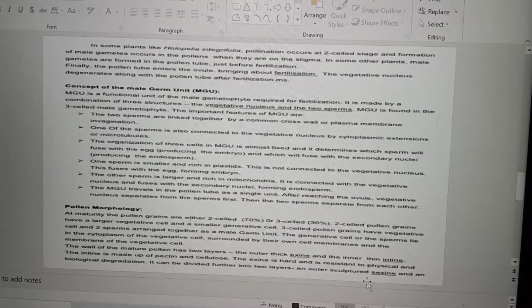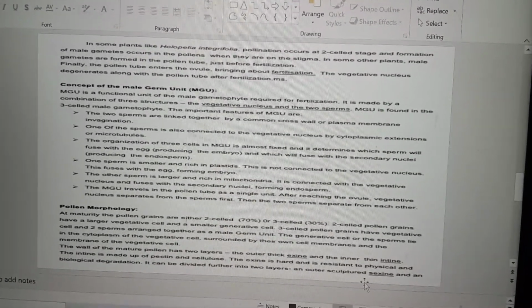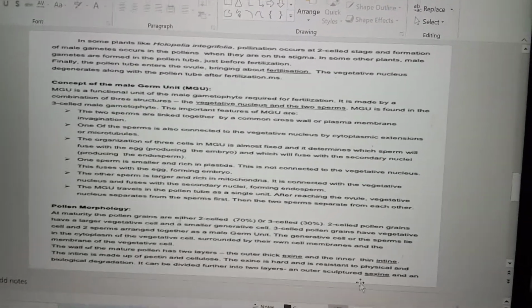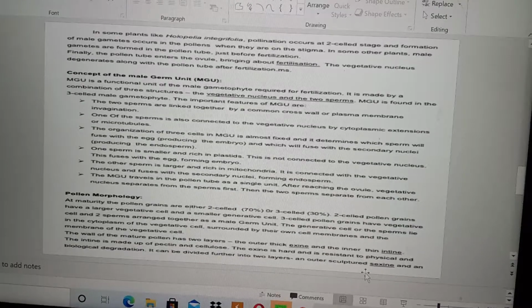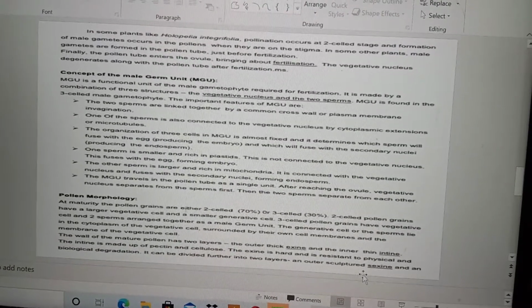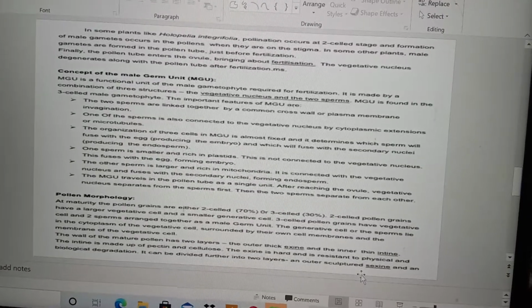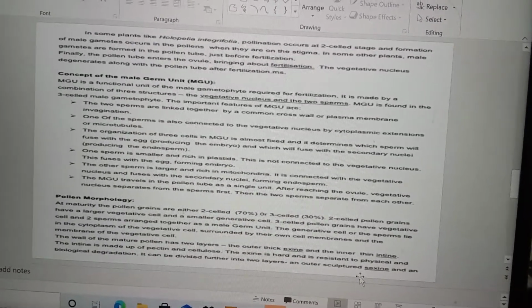In some other plants, male gametes are formed in the pollen tube just before fertilization. Finally, the pollen tube enters the ovule, bringing about fertilization, and the vegetative nucleus degenerates along with the pollen tube after fertilization.